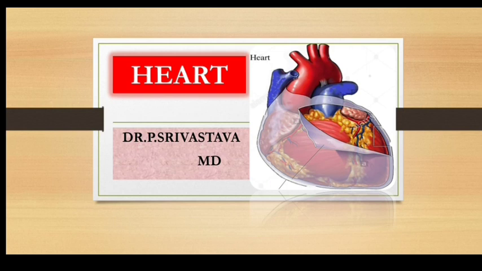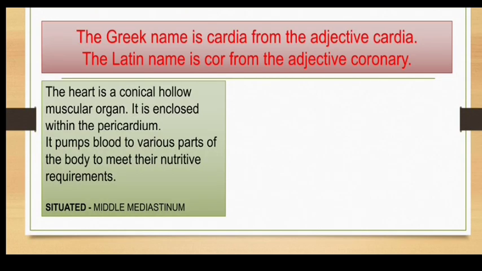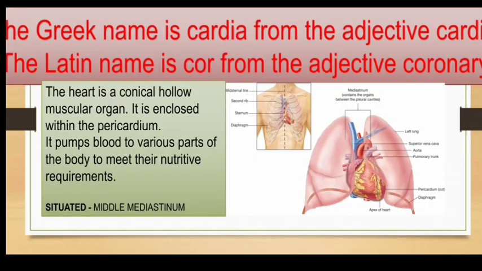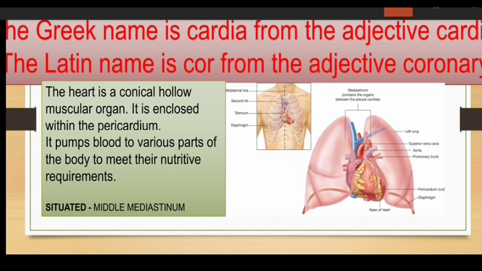The heart is a Greek name, cardia, and in Latin it is known as coronary, related to the coronary artery, right? The heart is a conical hollow muscular organ, situated within the pericardium, between the portion known as the mediastinum, right?